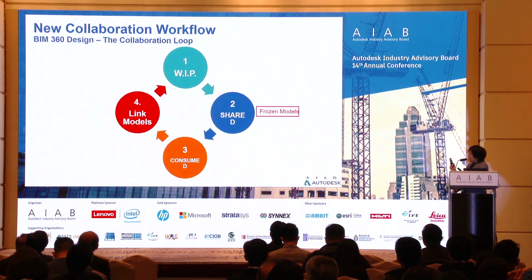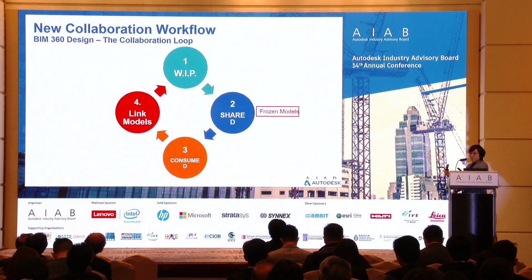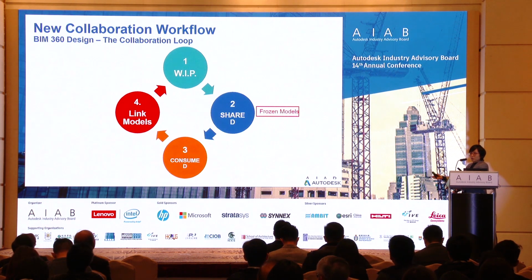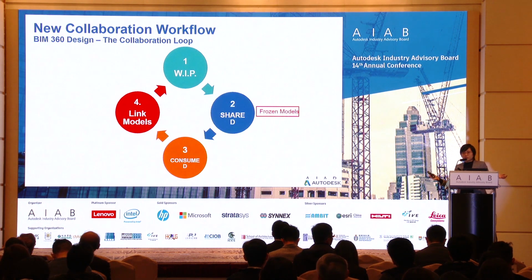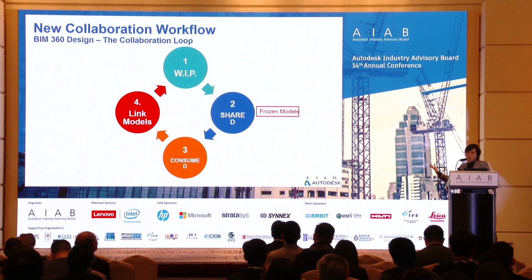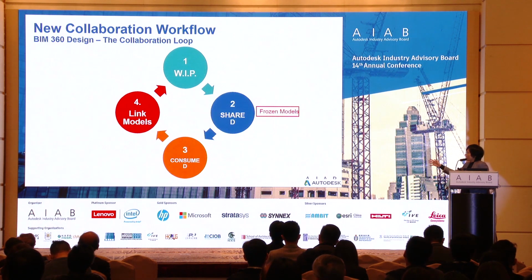The first one is WIP, work in progress, which means I'm the architectural designer, and I publish the model in my work in progress folder in BIM 360. And then the second one is share. Share means after a month of my design process, I have to publish it to the owner and engineers to use my work for their further development of the project. So I have to publish the package.